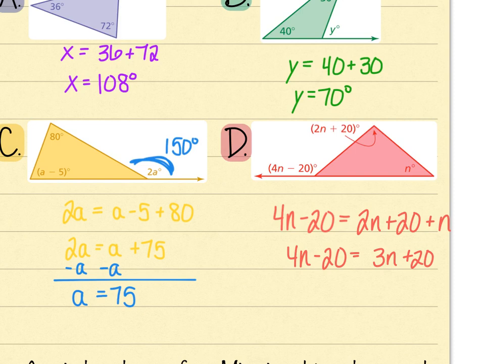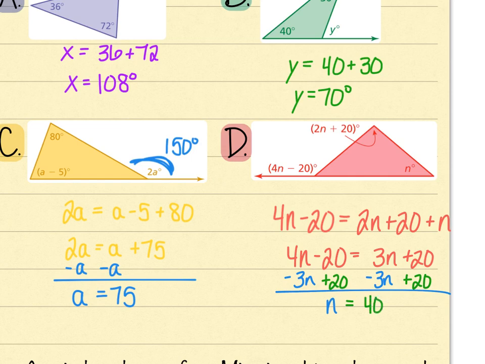So we can start by picking a side for a variable to be on, and it makes sense to subtract 3n and move the variable to the left to keep it positive. And then also move the constant over to the other side so that it's separated from the variable term. And so ultimately, when we're done with that, we have n equal to 40.